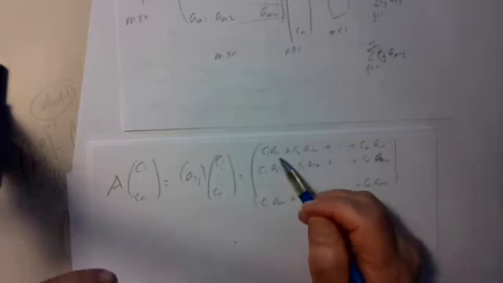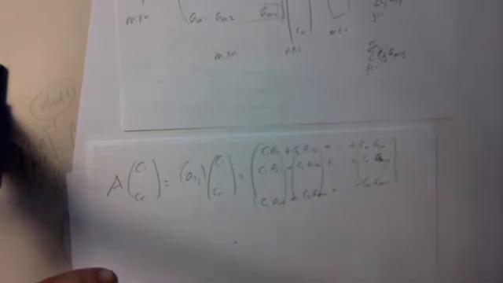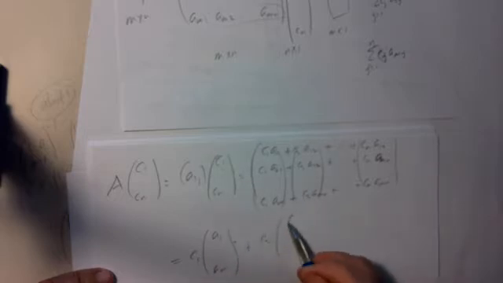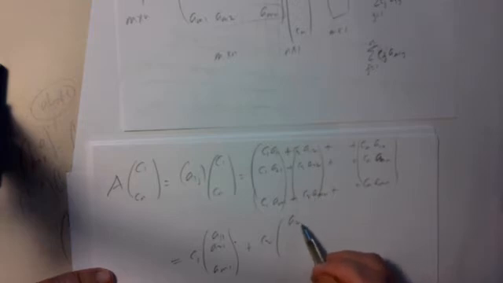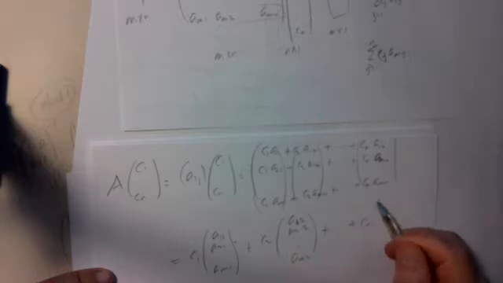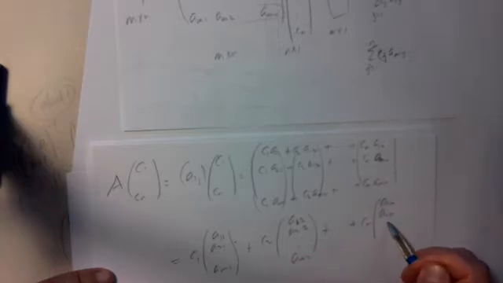And if you look at that, that really is the sum of these n vectors. This vector is C1 times A11 down to Am1. And this vector is C2 times A12, A22 down to Am2, up to Cn times A1n, A2n down to Amn.